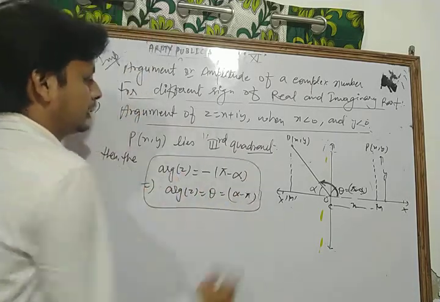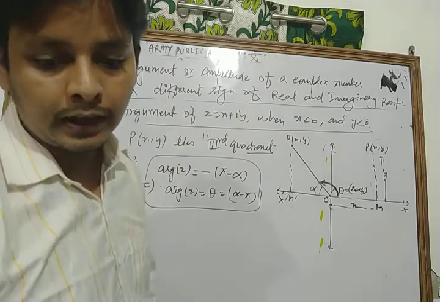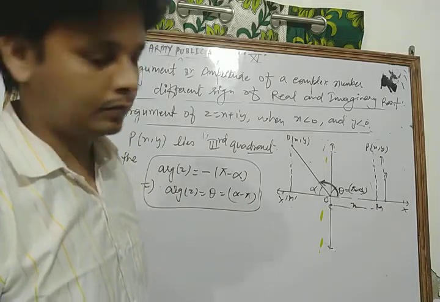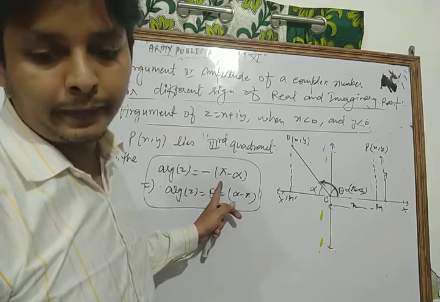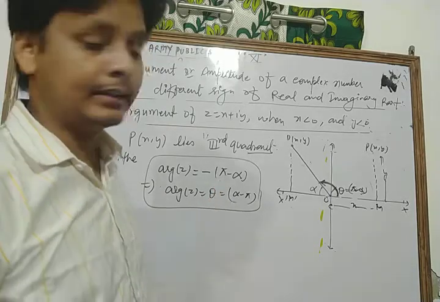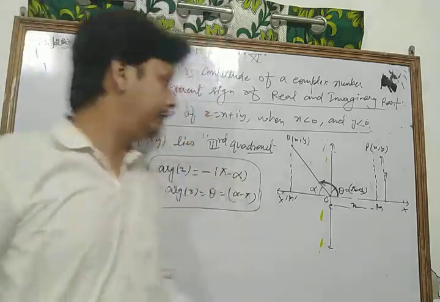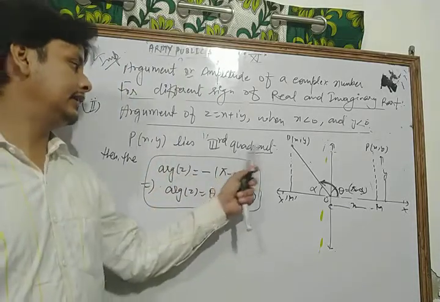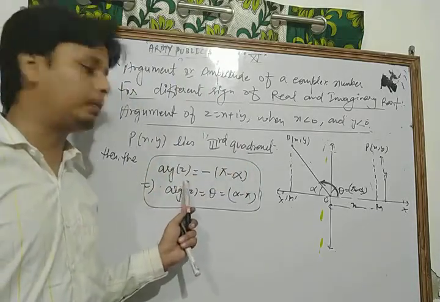This is the condition for that. So dear student, if P lies in the third quadrant, in that condition the argument of the complex number is that.